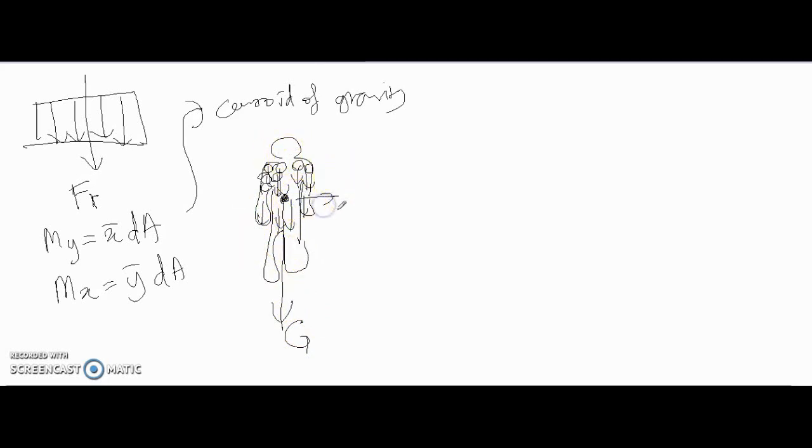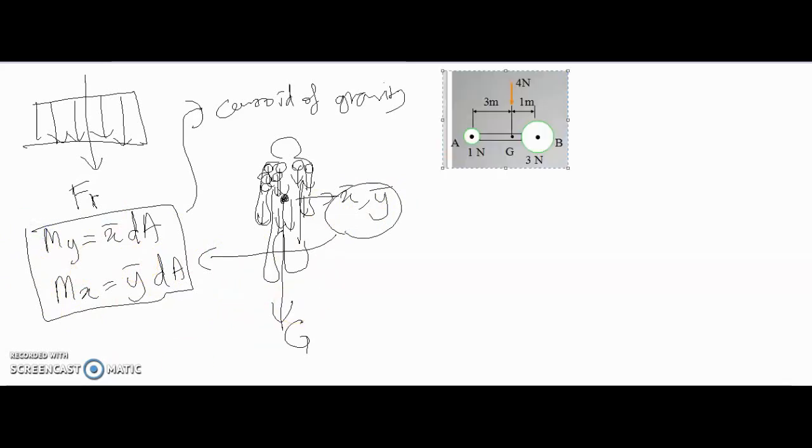This center we can define as x bar and y bar, okay. Or simply we can use the concept of first moment of area, the one we just mentioned before. So this is a simple two-dimensional example.